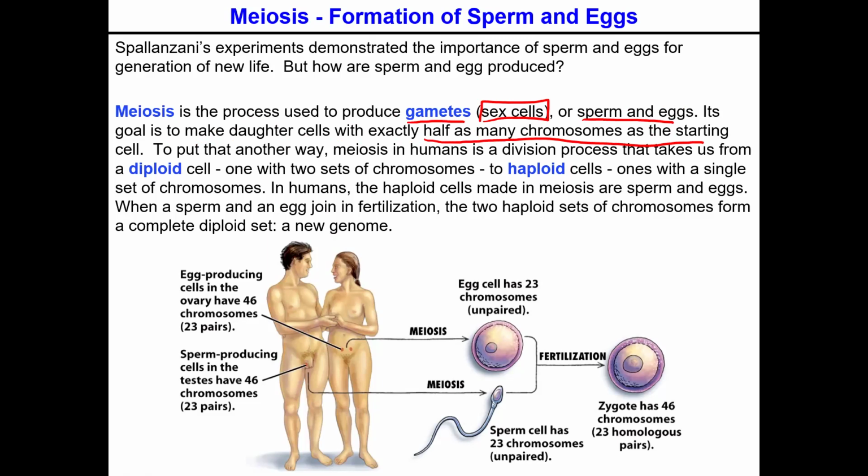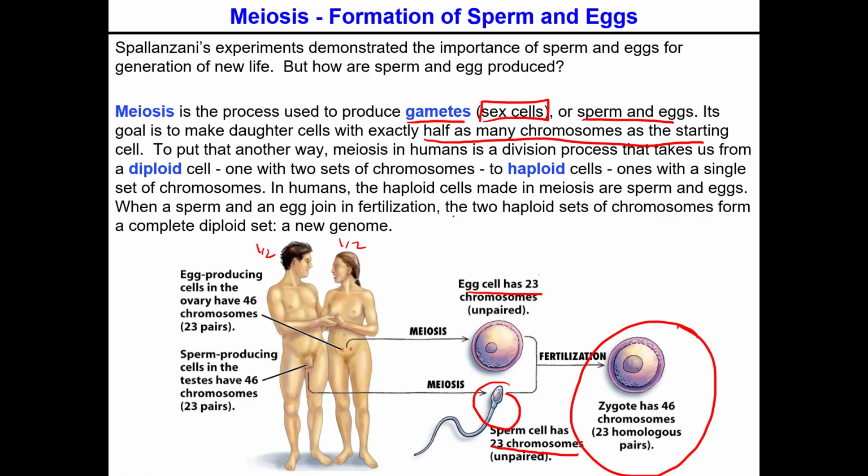And one of the big reasons why is because we want to make sure we're taking a sperm cell right here, which is going to have 23 chromosomes unpaired, and we're going to come together with an egg cell, again, 23 chromosomes unpaired, so we can end up, when they're fertilized, with a zygote, which is going to have 46 chromosomes or 23 pairs. So again, this is how we end up having offspring, which are going to be 50% or half one parent and then half the other parent.